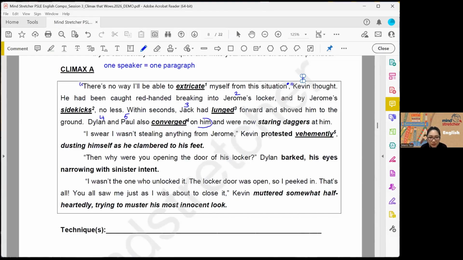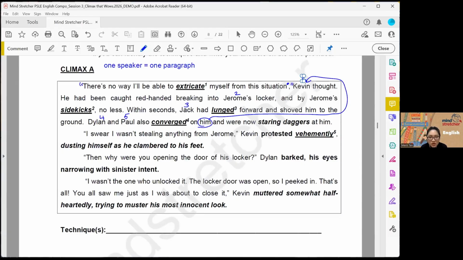Who is this him? Hello, do some tracking, okay? This him is Kevin. He is the one that's in trouble. No way I'll be able to extricate. That means I am in trouble.